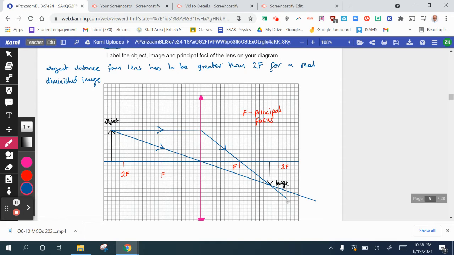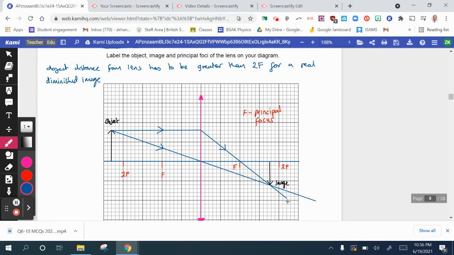With a lens, you can put the focal point on both sides symmetrically, and two times the focal point on both sides symmetrically. When light hits the object, it bounces off in all directions. We are only considering two rays from the object. One makes its way parallel to the principal axis, hits the lens at 90 degrees, relatively speaking, and will always go through the focal point.